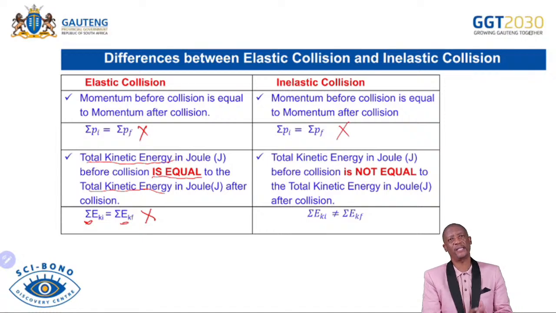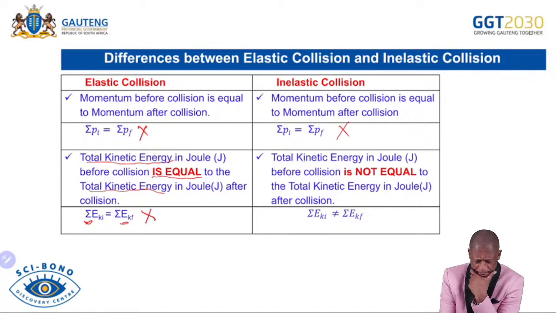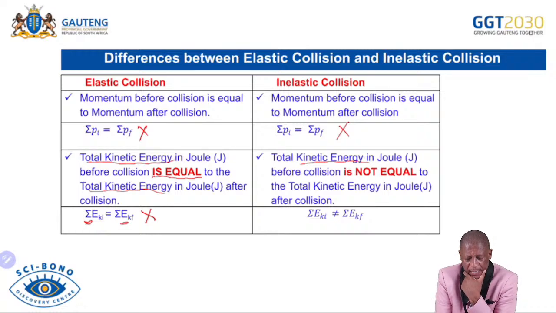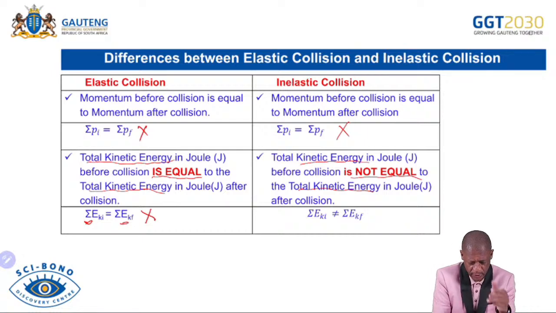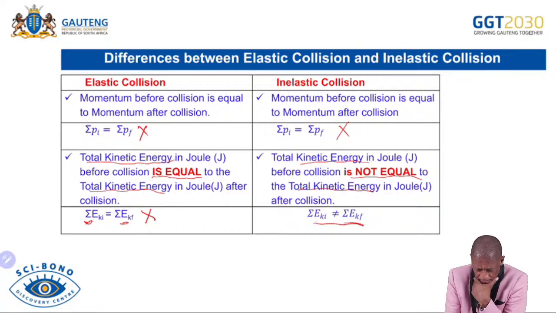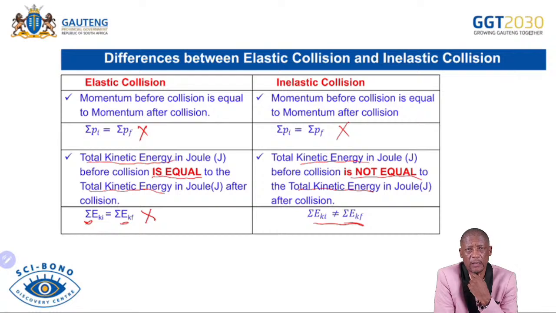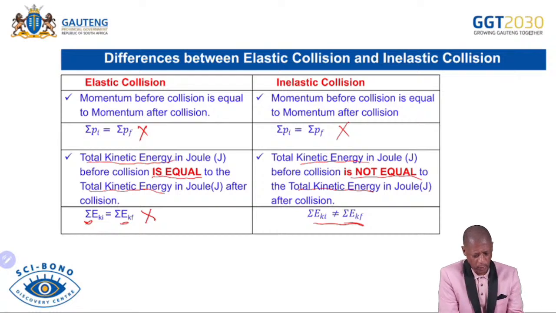But when we deal with inelastic collision, the total kinetic energy in joules before is not equal to the total kinetic energy after collision. That is the difference that we need to know. This is inelastic, this is elastic. So this is not equal, before and after, but in an elastic collision, they are equal.